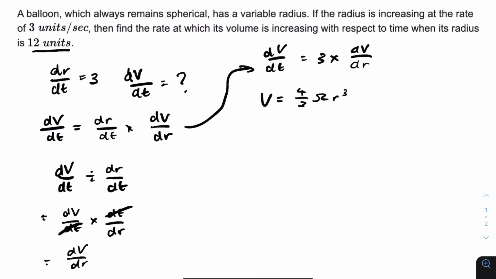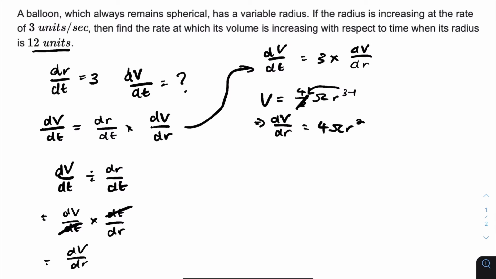And if we differentiate this equation to get dv over dr, which is precisely what we need, we get dv over dr is equal to, and then 3 goes down here, which cancels out this 3, so it's 4 pi r, and then the power goes down by 1, so that's 4 pi r squared.